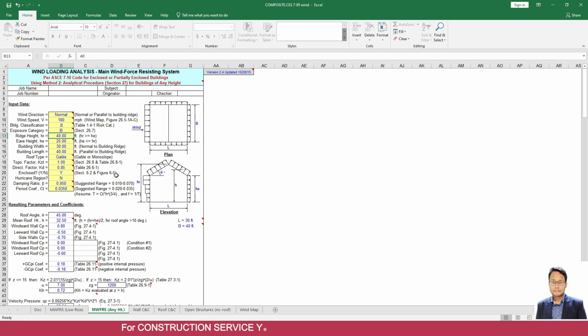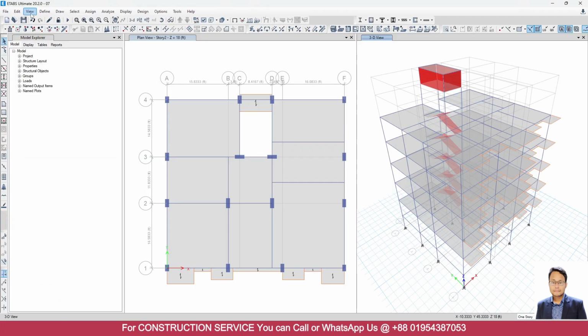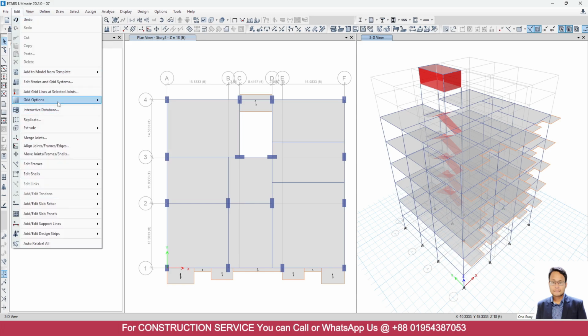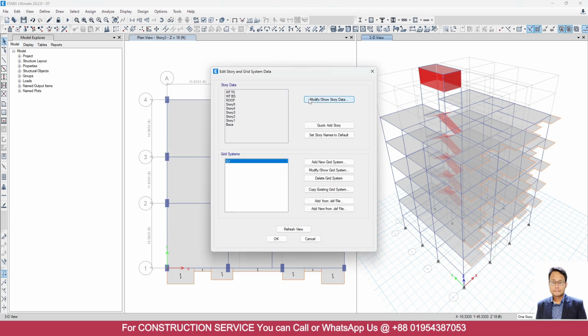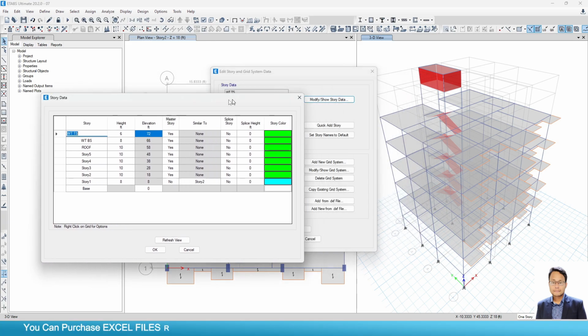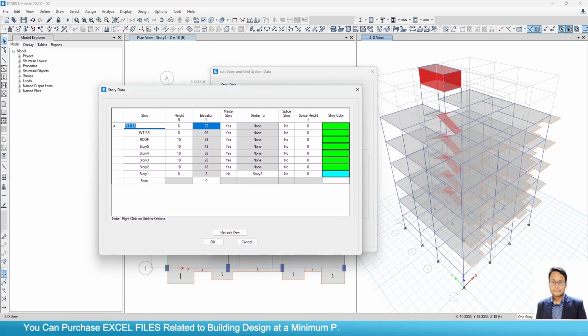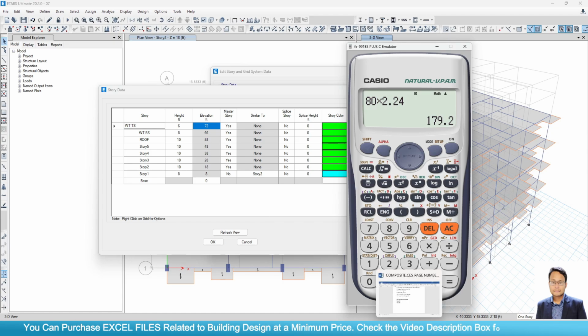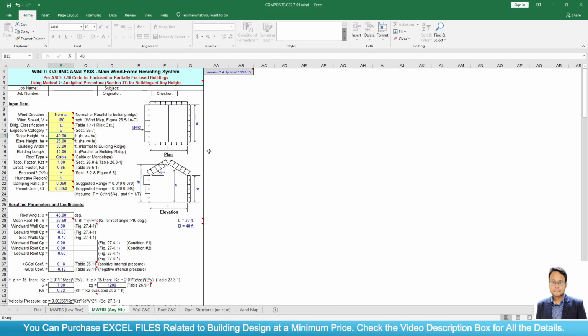So to find out the ridge height, or you can say the eave height, similar thing, I will go to ETABS. Edit stories and grid system, modify slash show story data, which is 72 feet. Highest dimension 72 feet. Also the eave height will be 72 feet.